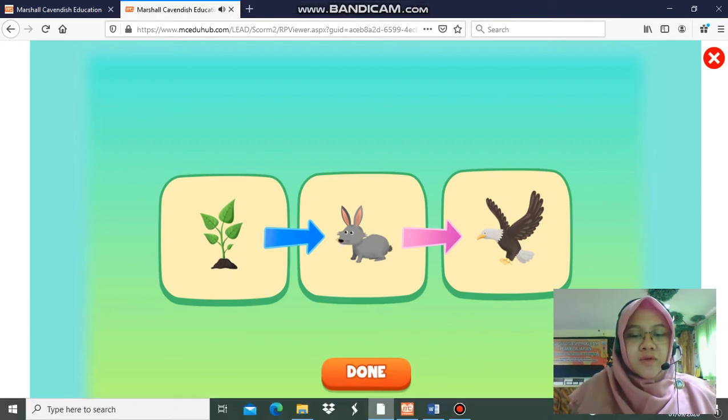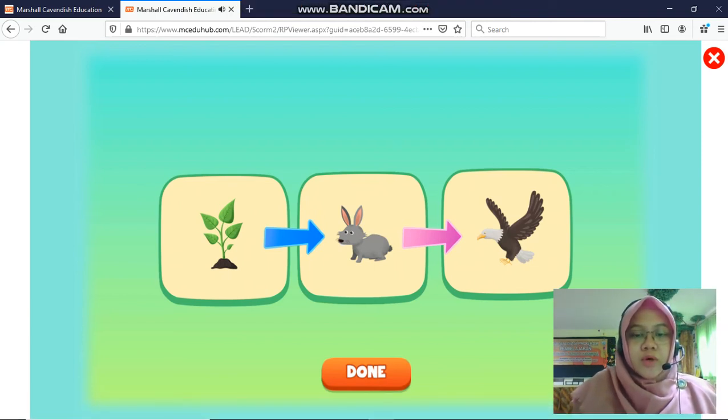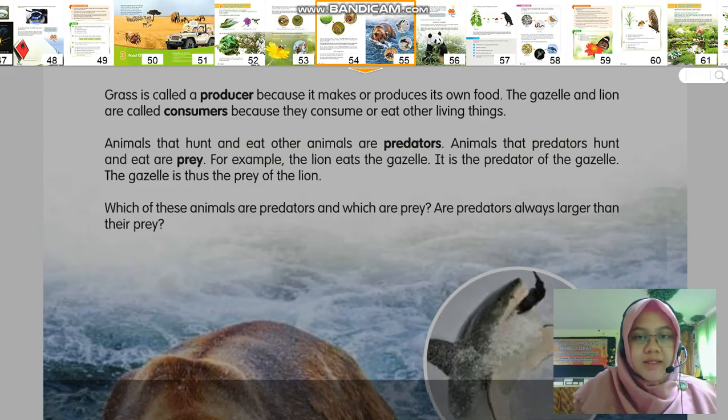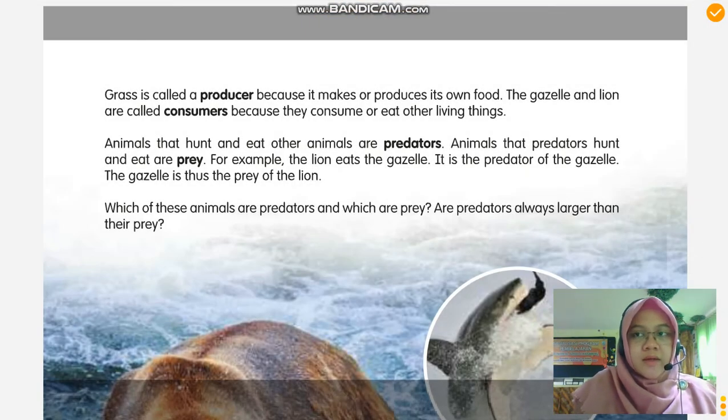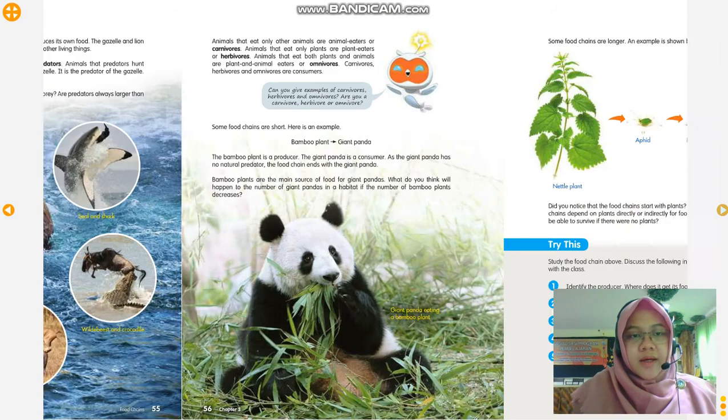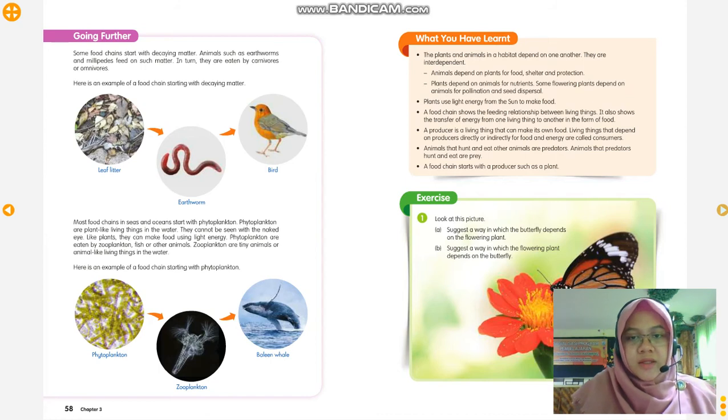Oke, back to the book. Di bukumu ada pembahasan soal, ya. Oke, kita lihat yuk. Di halaman page 159. Di situ ada gambar apa ya?